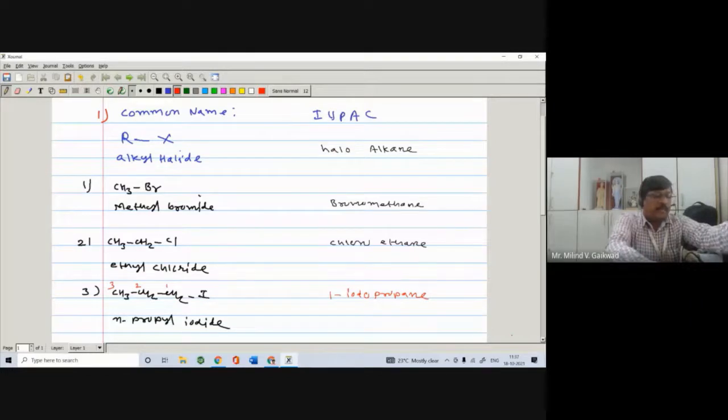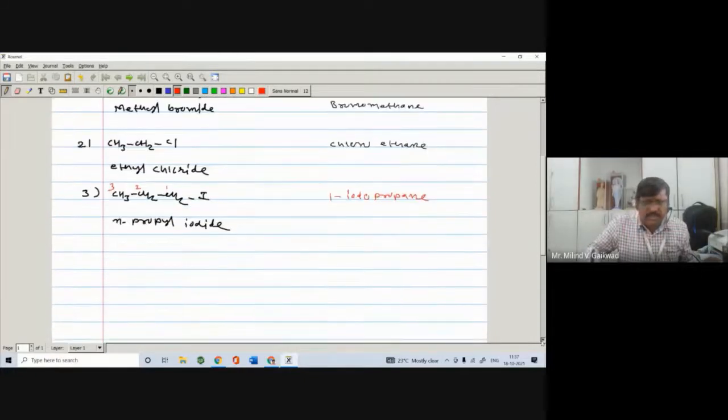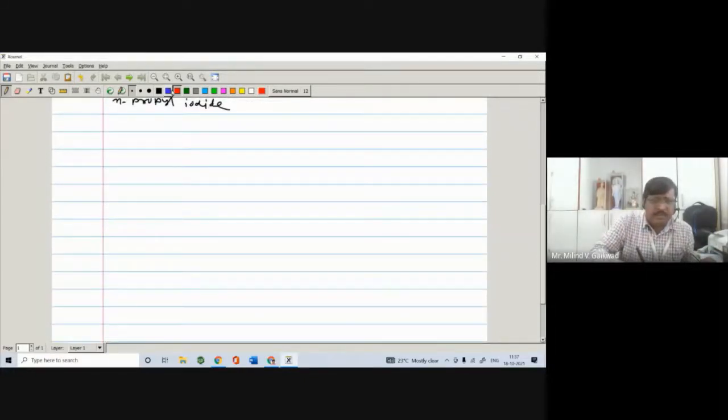So if you see in the property, I will not take more examples on the IUPAC nomenclature because it is not very simple. So next is the physical property of alkyl halide. If you see the lower members of alkyl halide, for example, methyl chloride, methyl bromide, they are found to be gaseous at ordinary temperature, right?